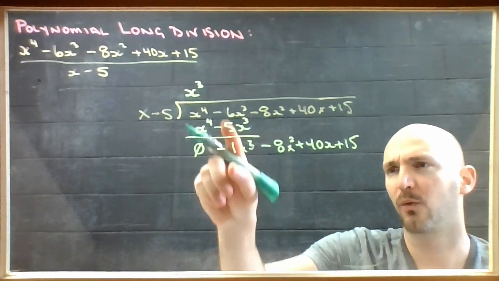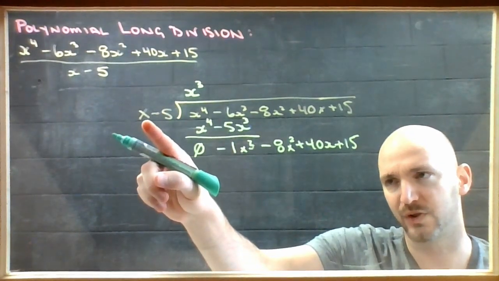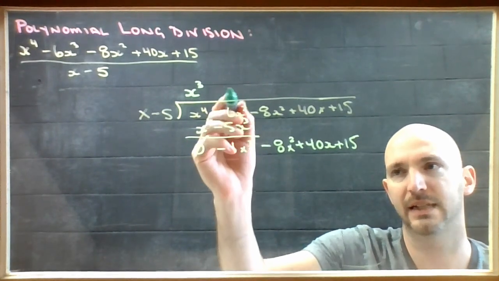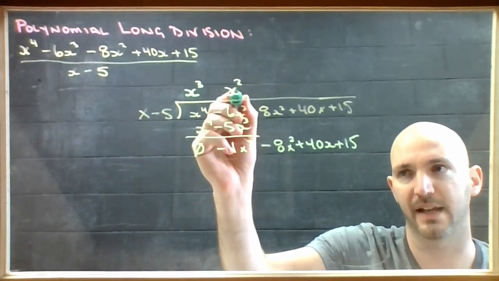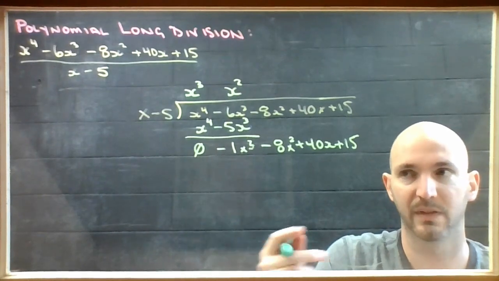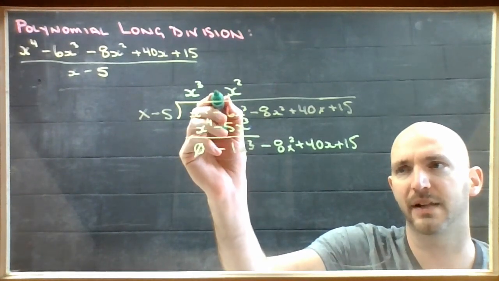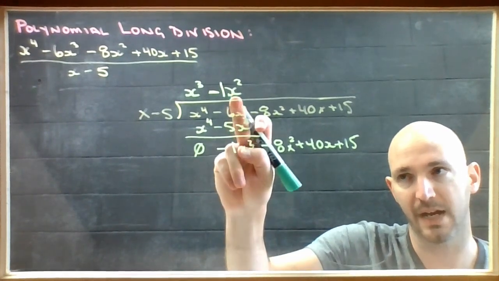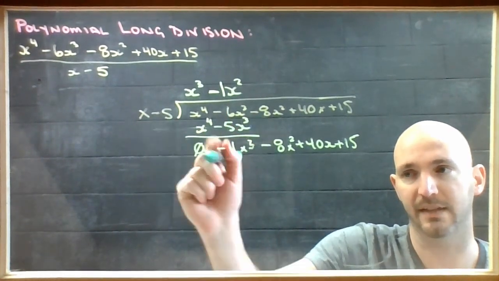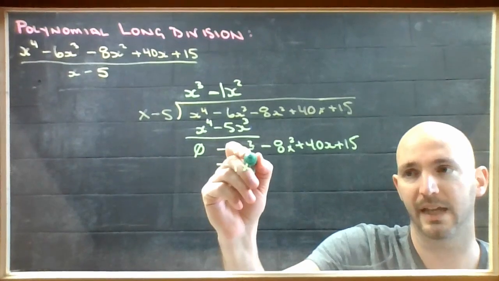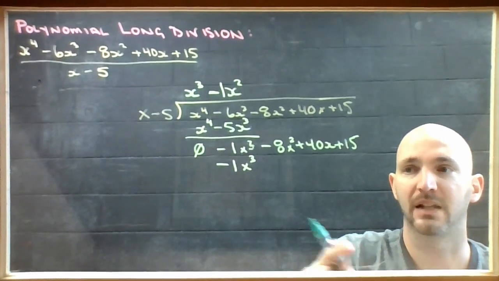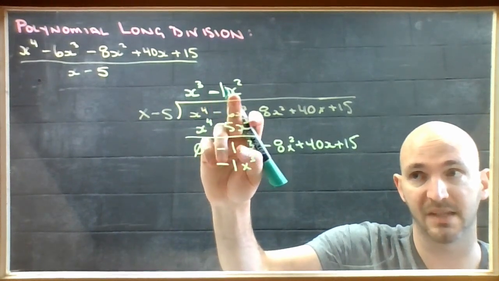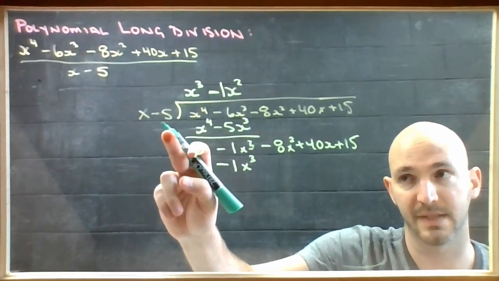So what would I have to do to an x to make -1x cubed? Well, I need an x squared, so that x squared times x is x cubed. And I'm going to need a -1 to get the number to match. So -1x squared times x is -1x cubed. Now I'm going to have a piece that sits here because I also have to take -1x squared times -5.